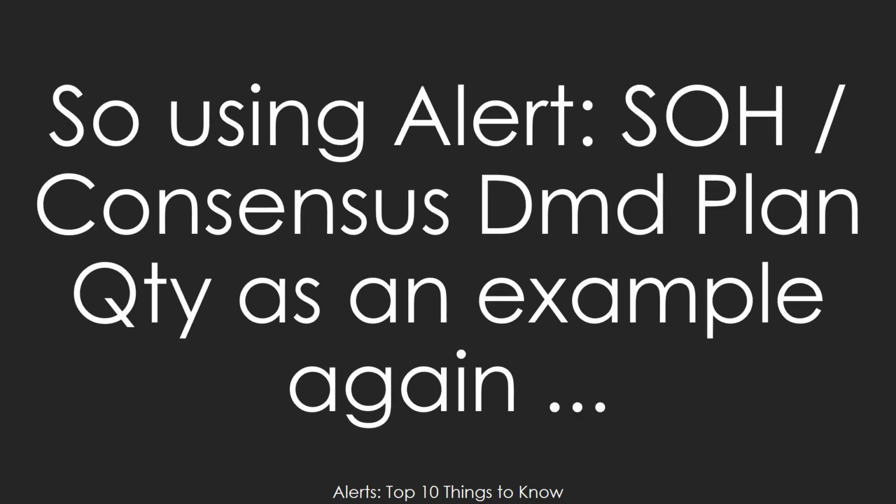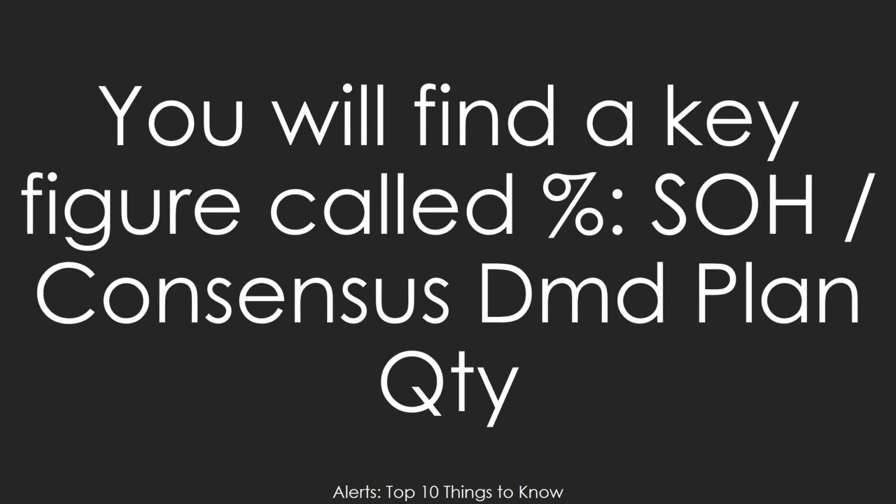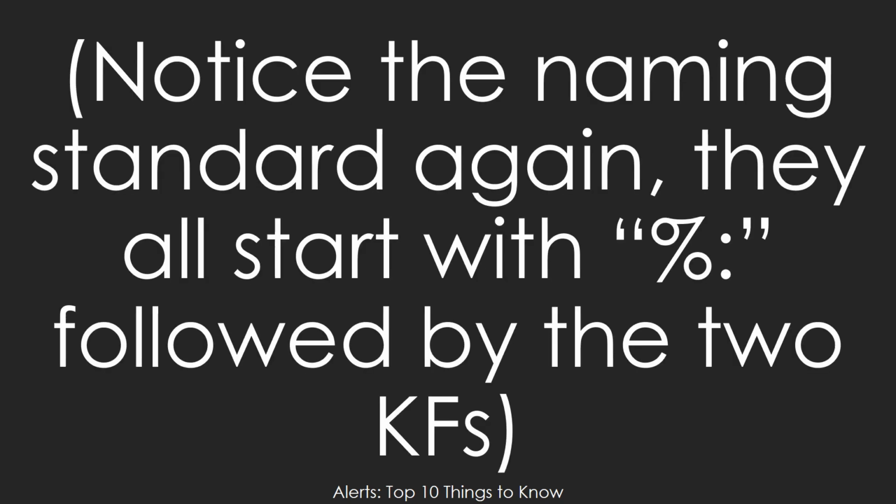So using alert SOH divided by consensus demand plan quantity as an example again, you will find a key figure called SOH divided by consensus demand plan quantity. Notice the naming standard again. They all start with a percentage sign and a colon, followed by the two key figures.